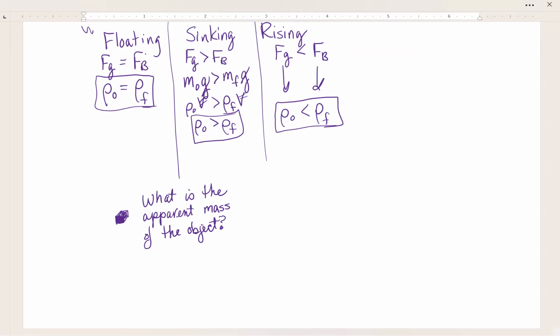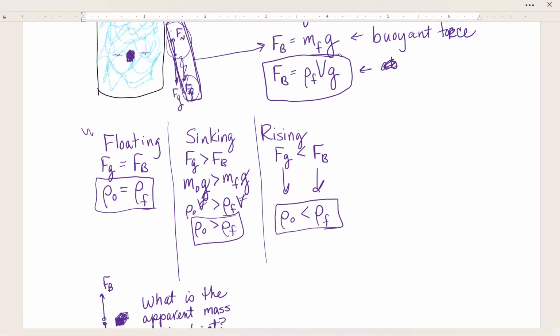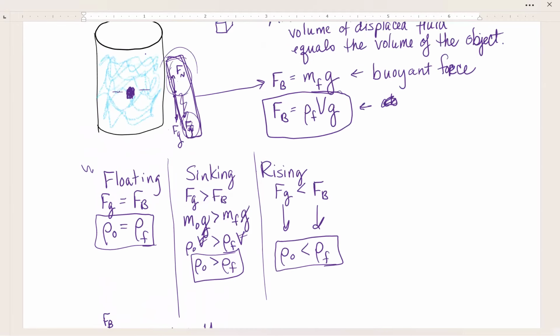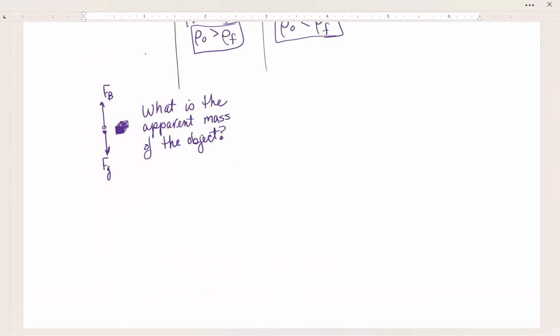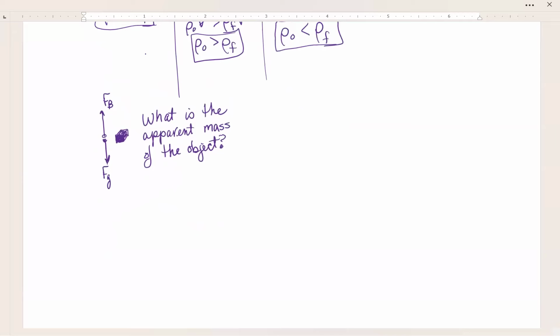Well, let's draw a free body diagram. We know that we have the force of gravity. We have, lo and behold, now the buoyant force. And then we have the net force, which is our third picture here. Which way is it going to go?